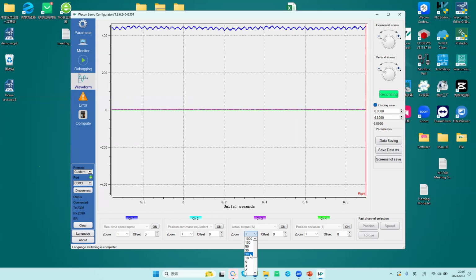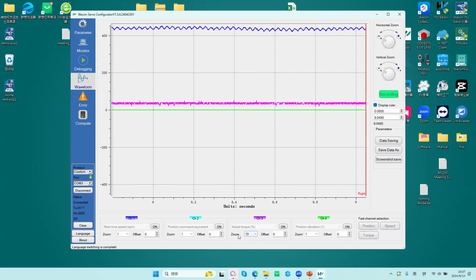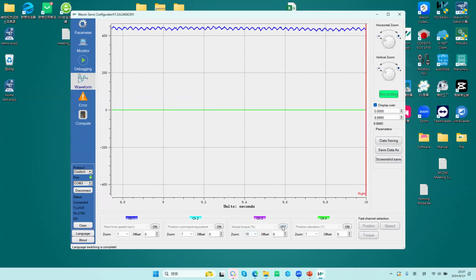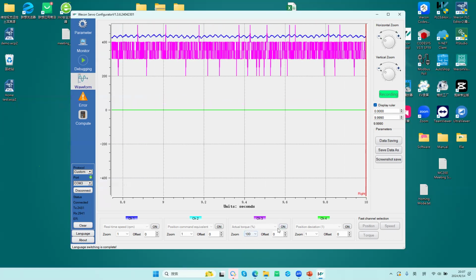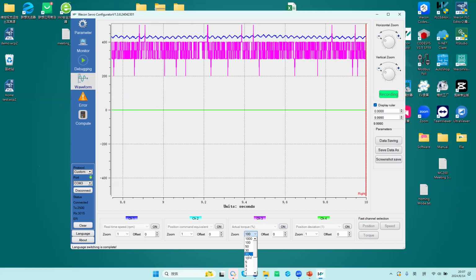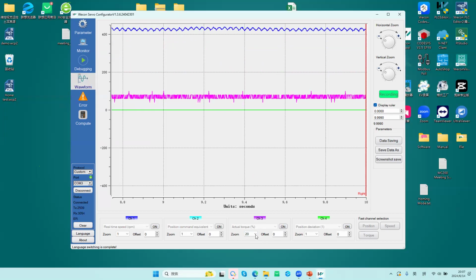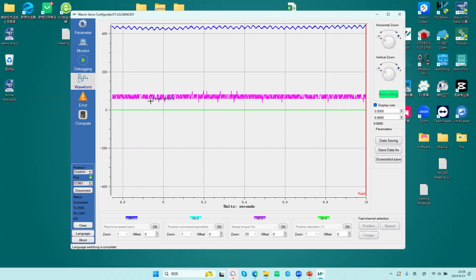For the torque here I set it as 10 times. So we can see it now. Maybe 100 is too big. 20 times. Okay, and now I will change the torque through the servo panel.